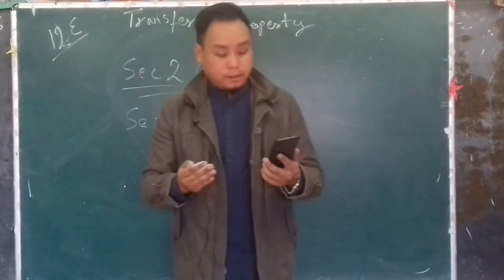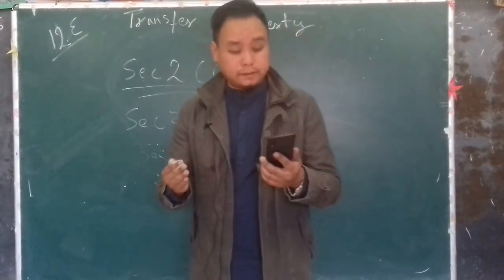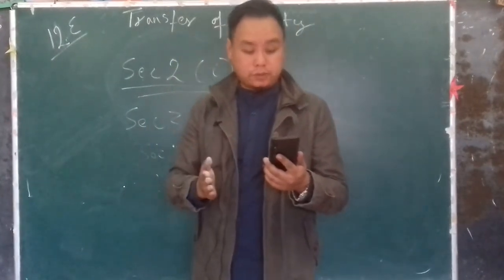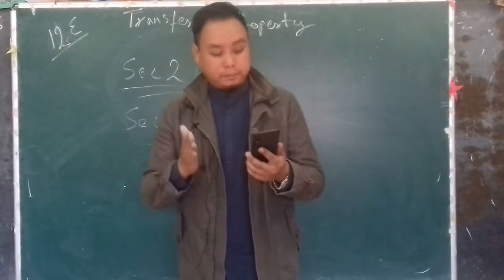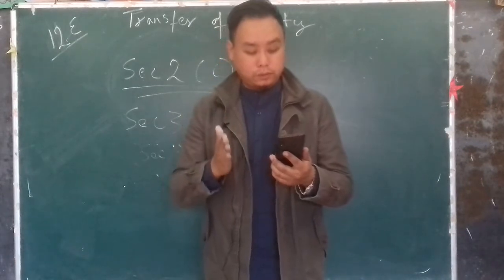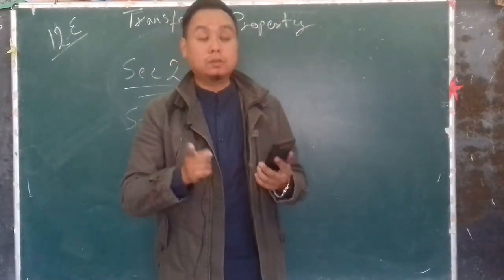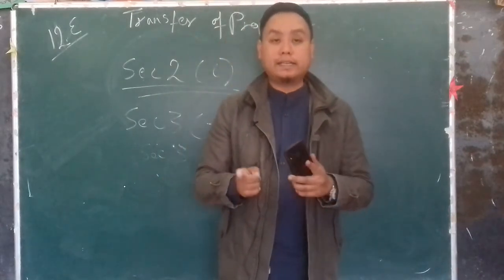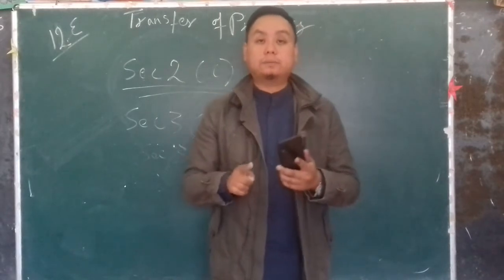Alright, let us read it out. Under section 11, a person will be competent to contract when he fulfills the criteria of being a major, that is one who has attained 18 years of age, of sound mind. That person also has to be of sound mind. Not only does he have to be above 18 years old, but he also has to be of sound mind.